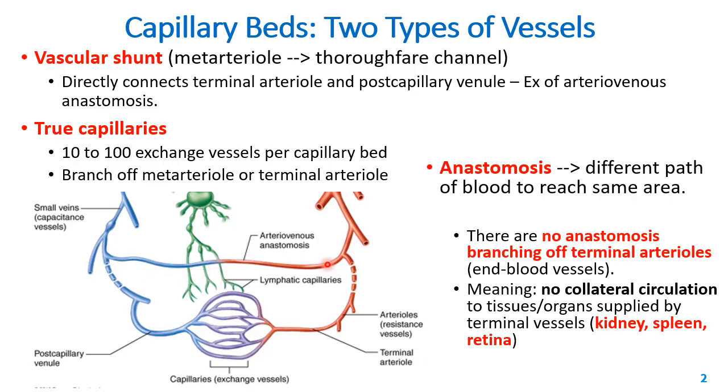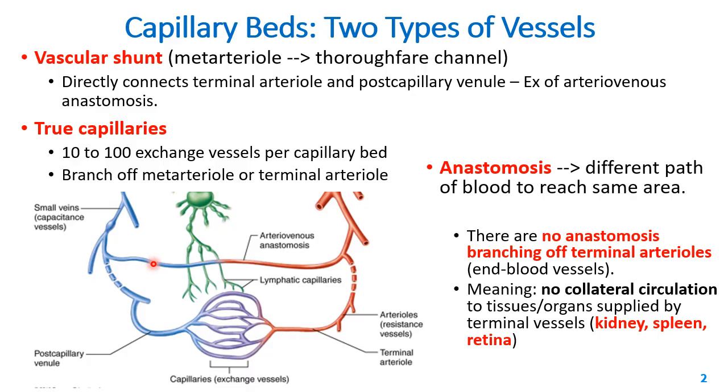And you have different types of anastomosis, but I'm not going to focus on that. Here you're seeing an example in which you have this rerouted blood, rerouted from this side, that goes from the artery straight into the venule and the vein. You call that arteriovenous, arterio to venous, so arteriovenous type of anastomosis. But you have also different types that go from artery to artery, or it can go vein to vein.